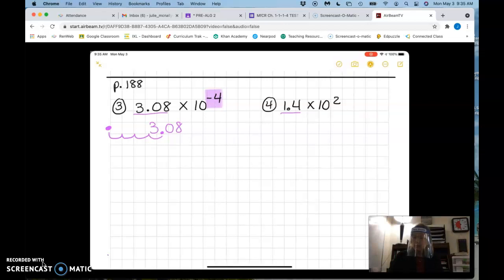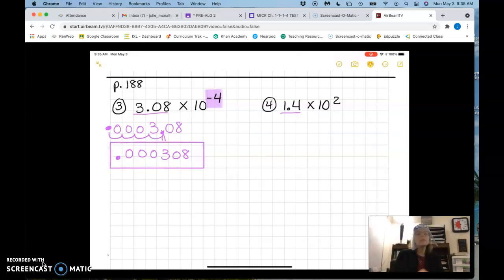Zeros. So now I'm going to rewrite the number. Remember, we're taking this decimal out, and I'm going to rewrite the number with this new decimal. Okay, so that is 3.08 times 10 to the negative fourth power if I just write it as a number.